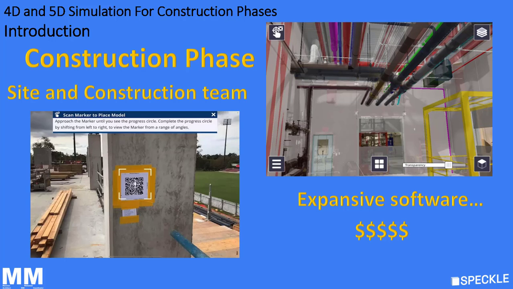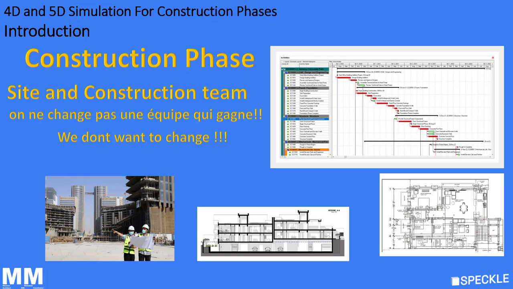I always tried to demonstrate the benefits of BIM software in construction for the construction team, but the site teams were not very interested. They preferred to spend money on equipment and materials for the site. For the site team, it was a case of "on ne change pas une équipe qui gagne." We won't change a winning team.